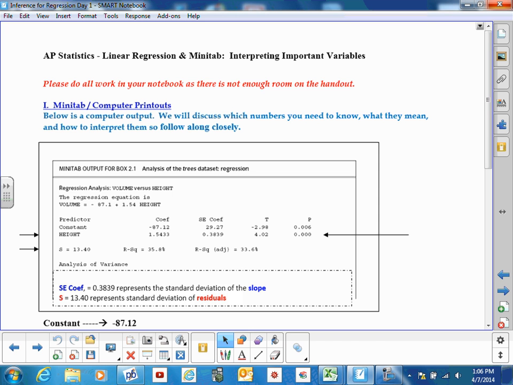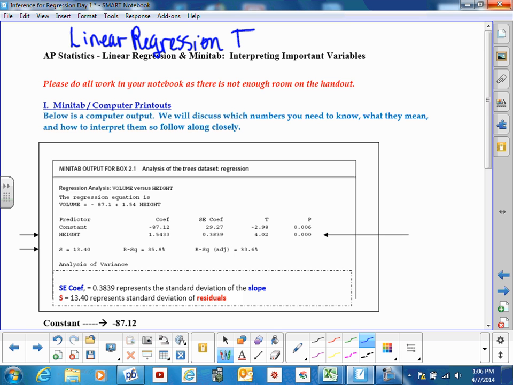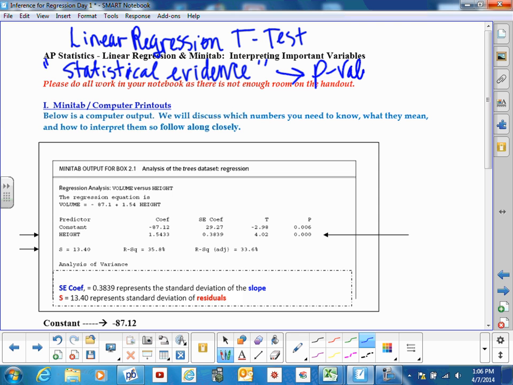The final frontier is this thing right here, which is the linear regression t-test, because in order to find this thing, quote unquote, statistical evidence, you have to have a p-value.